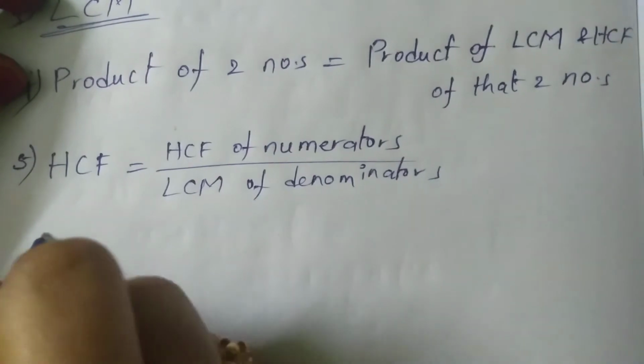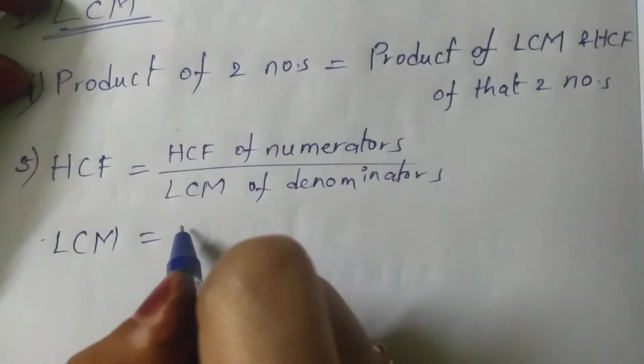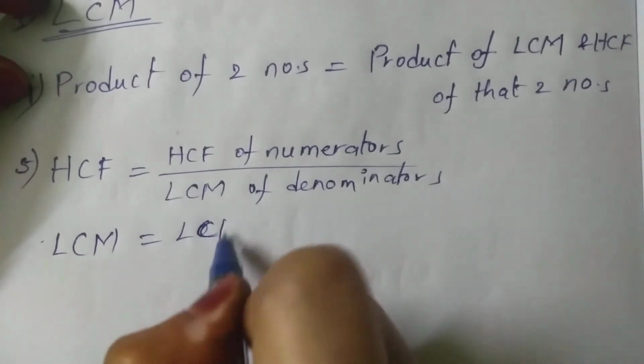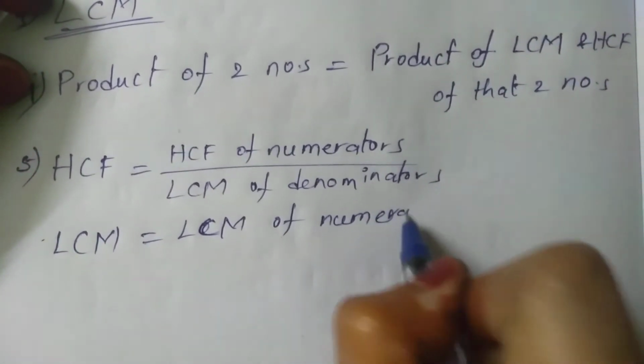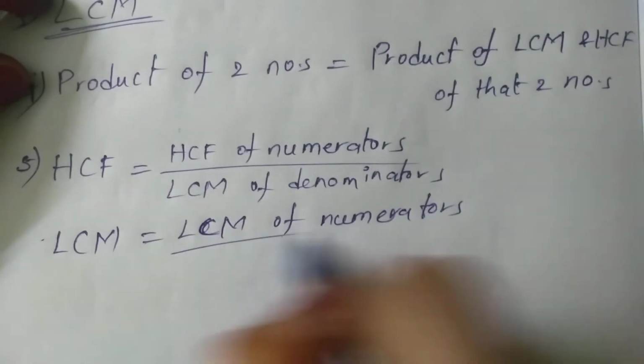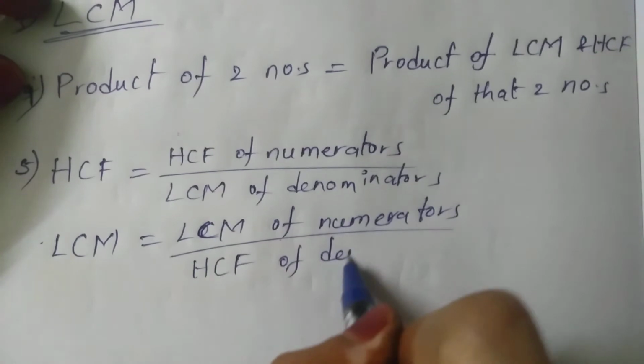In the same way, LCM of the two fractions is LCM of numerators by HCF of denominators.